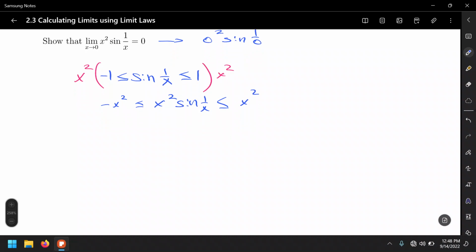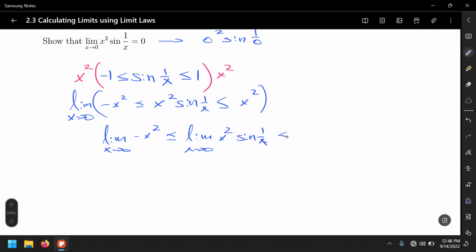So now we need to find the limit on the three sides, x approaching 0. That is the limit of negative x squared as x approaches 0, less than or equal to the limit of x squared sine 1 over x as x approaches 0, less than or equal to the limit of x squared as x approaches 0. Now again, we got the original limit. We cannot compute that.